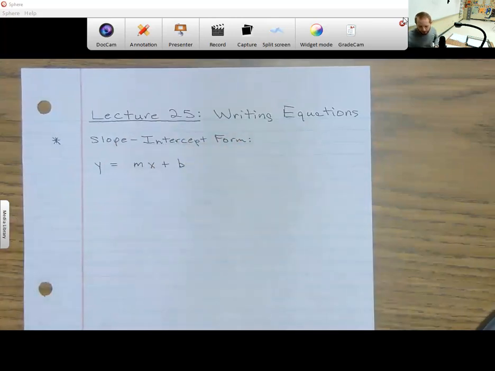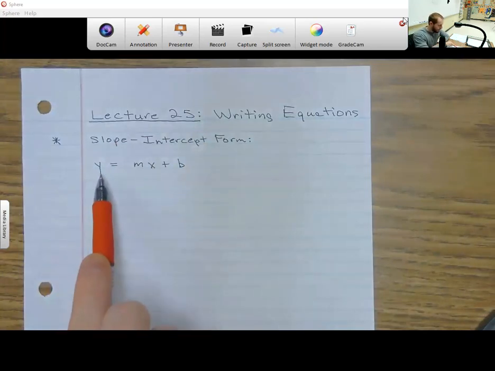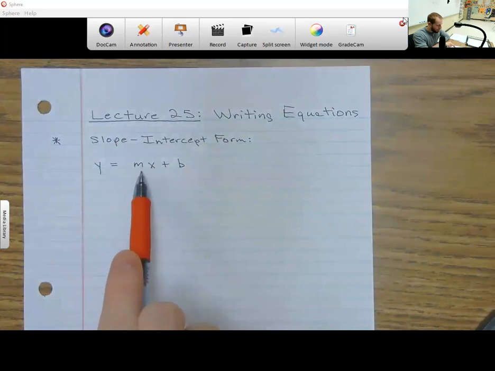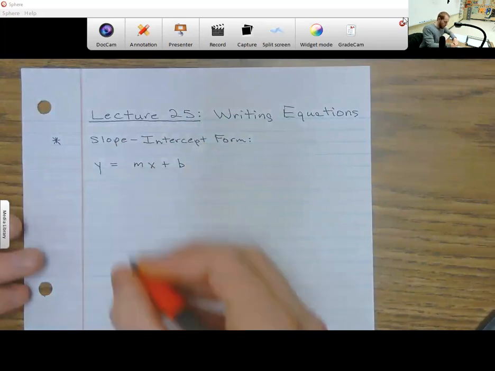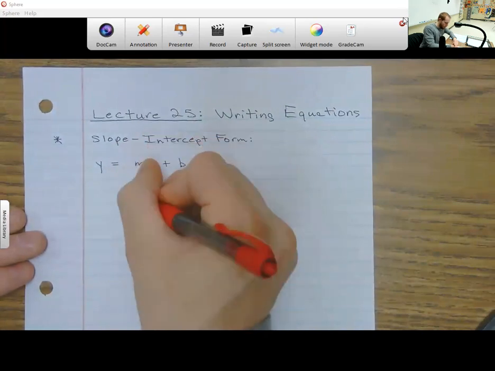Y equals mx plus b. The y is a variable. The x is a variable. But m and b are going to be numbers. So what does m stand for? M stands for slope.